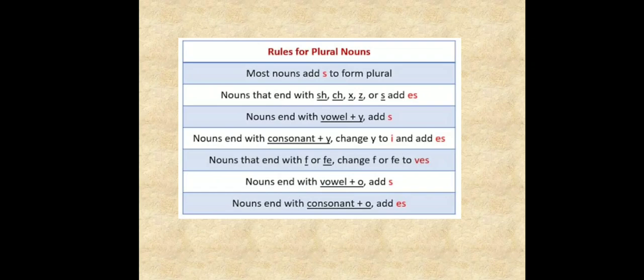Nouns that end with consonant and Y, it changes to IES. Then words ending with F or FE change to VES. Then nouns with vowel and O, we simply add an S, and nouns ending with consonant and O, we add an ES.